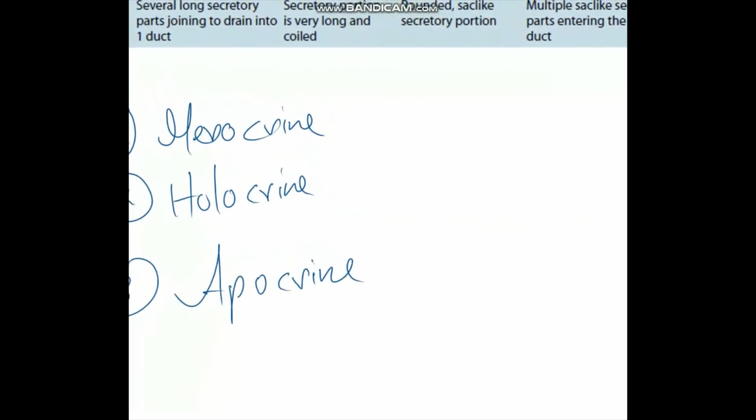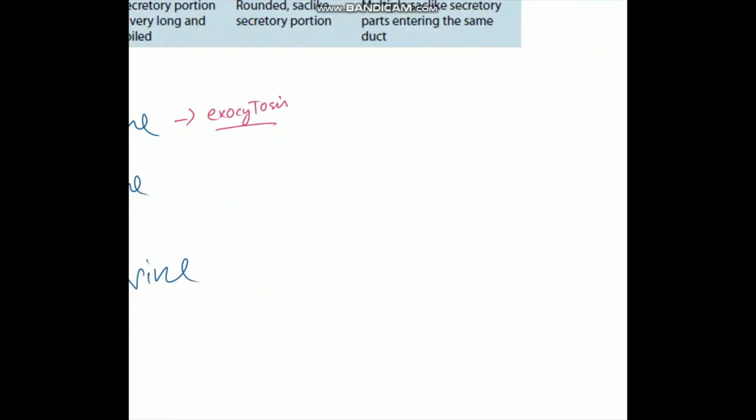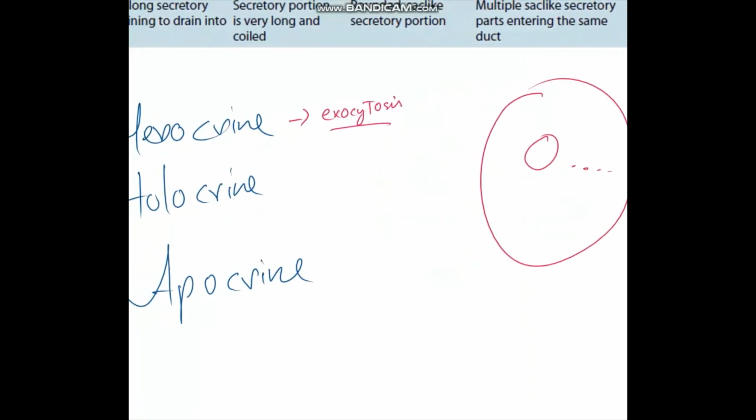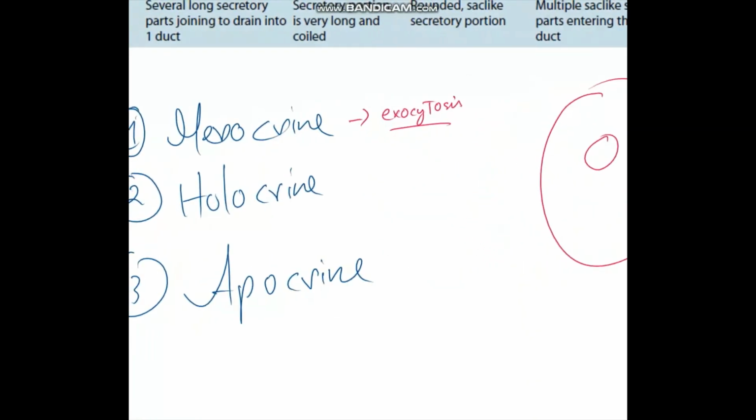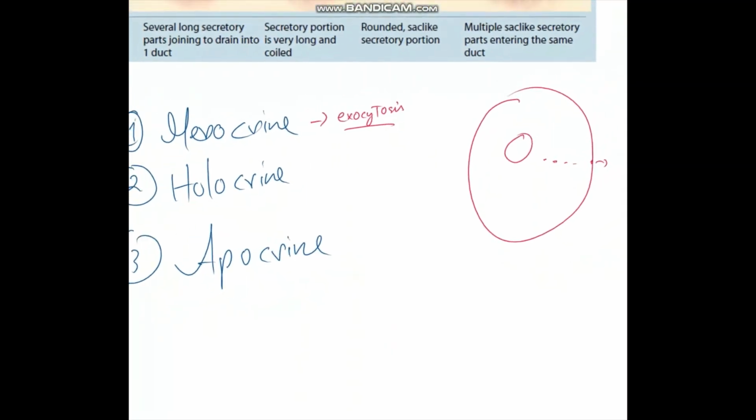In merocrine secretion, you just have your normal exocytosis. If you're very familiar with that term, what happens is that inside, for example, a cell, this is the nucleus, and there's a lot of stuff. Anyways, some vesicles go ahead and merge with the cell surface membrane, and then the stuff is exocytosed out of the cell. Holocrine secretion would be something like the accumulation of stuff.